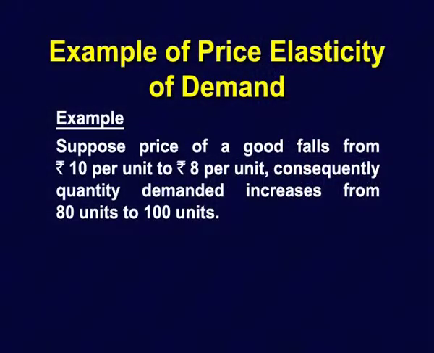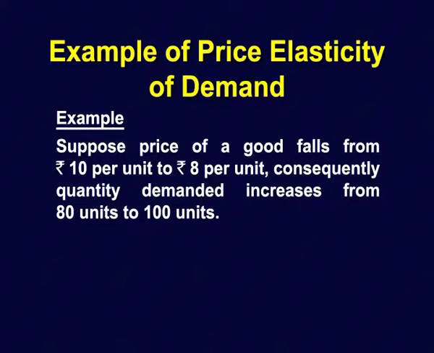In order to illustrate this particular aspect of the total revenue method, let us take another example, which is like this: suppose the price of a good falls from rupees 10 per unit to rupees 8 per unit.